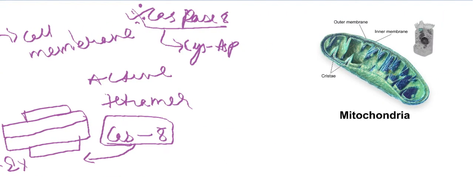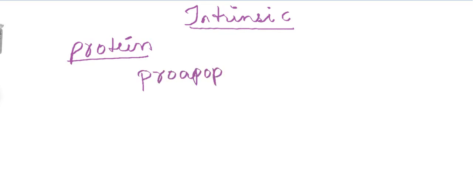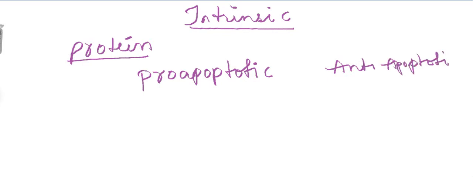Now next we'll study the intrinsic pathway. The intrinsic pathway is actually very important. Before studying it, we need to know certain proteins that are present in healthy cells and how they interact with other proteins. First, there are certain pro-apoptotic factors or proteins, and another class of proteins is called anti-apoptotic proteins.